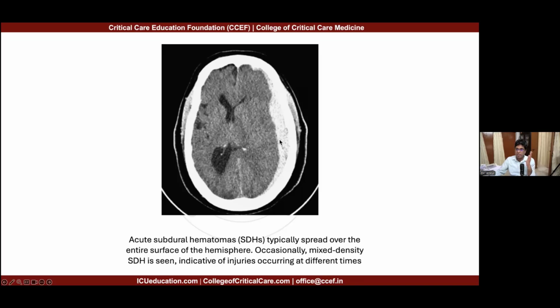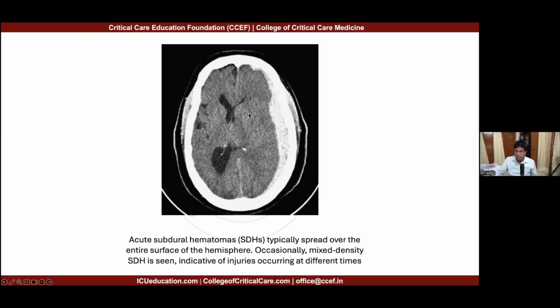And when it becomes subacute, the density is almost equal to that of the brain parenchyma. So it is likely that new trainees miss this subdural hematoma. The acute one you will pick up, it is very bright. Subacute, chances of missing are there. And then the chronic one is more or less like CSF.